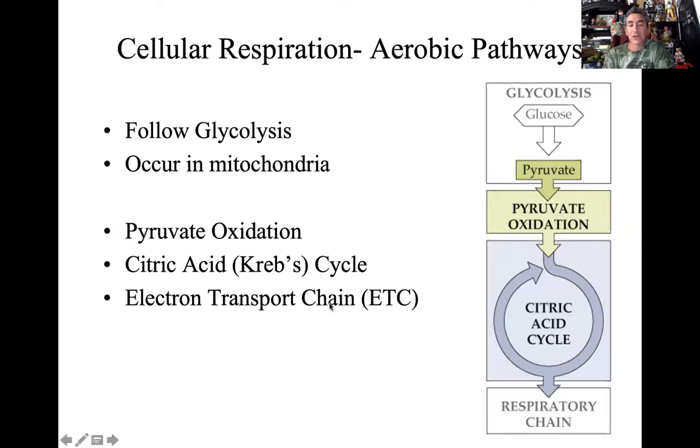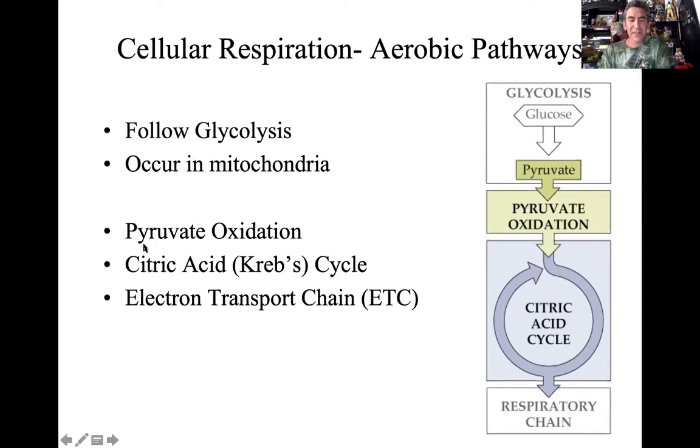And the electron transport chain. So pyruvate oxidation plus citric acid cycle plus the electron transport chain all together equal cellular respiration, which happens only in the presence of oxygen. And again, sequentially, this has to happen after glycolysis, and it happens not in the cytoplasm, but inside of that mitochondria. So important.